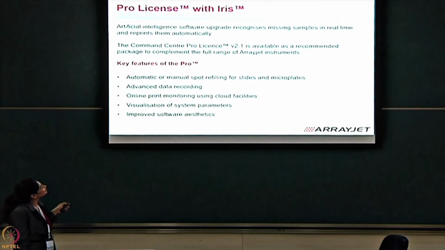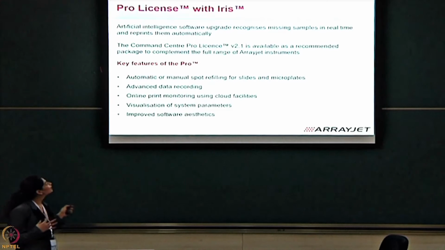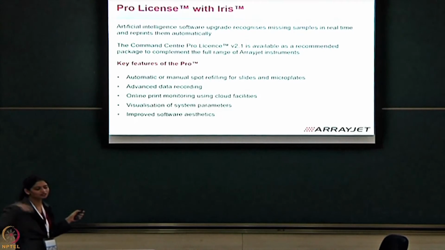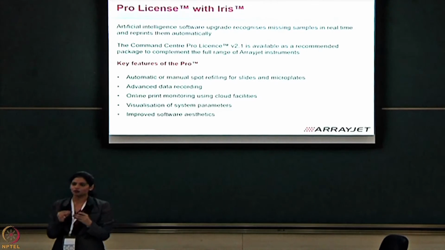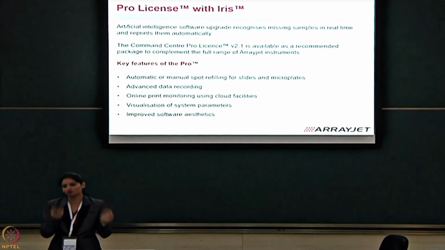What's a Pro license? Pro license is something that has the unique ability to remember, recognize, reprint, the 3 R's. And that is an advanced feature of the software that comes along with the camera. So think about it this way. You need a camera to detect your issues. But if you want the camera to remember and reprint, you need advanced software.